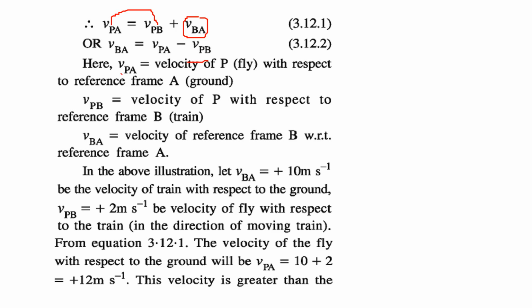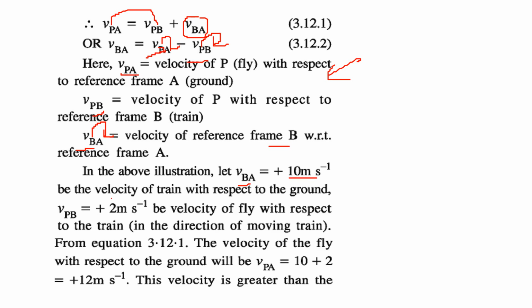So what is VPA here? Velocity of P, the fly, with respect to the reference frame ground. And what is VPB? The velocity of P with respect to the reference frame which is the train. And what is VBA? The velocity of reference frame B with respect to the reference frame A. So in this example, let us take VBA as, say, plus 10 meter per second.